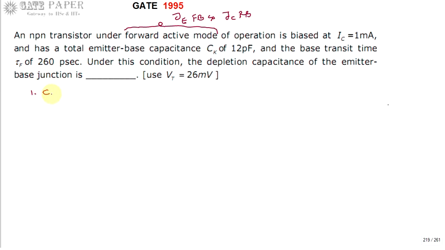One is diffusion capacitance CD and the other is transition capacitance CT. Transition capacitance is also called depletion capacitance. Even though both types of capacitances are present in forward or reverse bias, only one dominates in either bias.